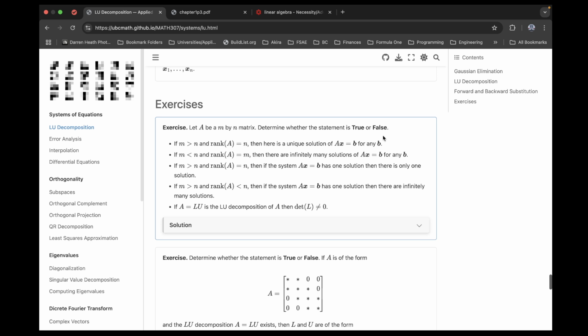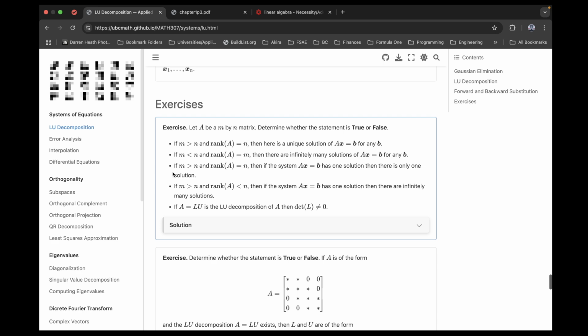I think this has to be false, right? Oh wait, it says the number of rows is bigger than the number of columns. Nah, I think it's still false. I think B is true. So A is false, B is true.